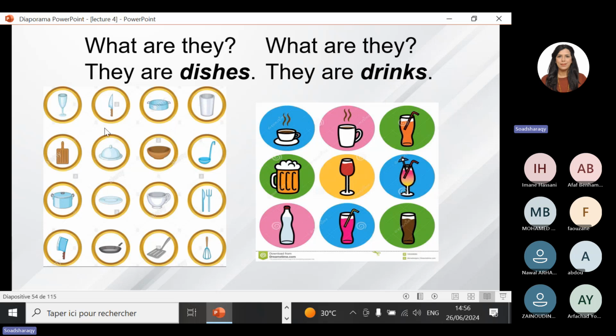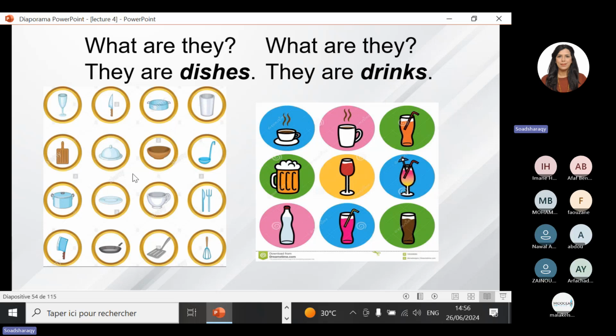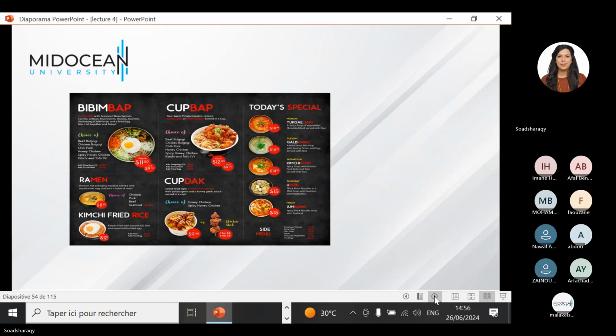Okay, so these are called dishes and these are called drinks. And what's this? Tell me, so what do you call this? What's this? For those who want to answer the question, you can raise your hand or write it down on the chat box.